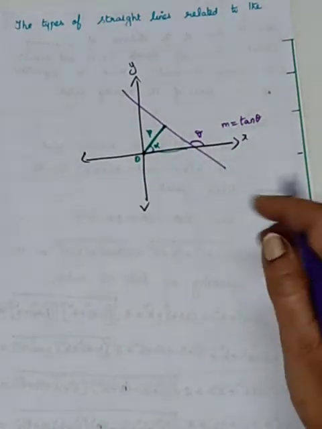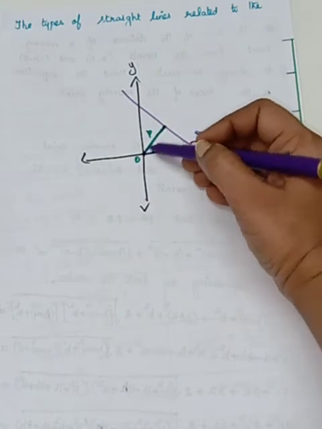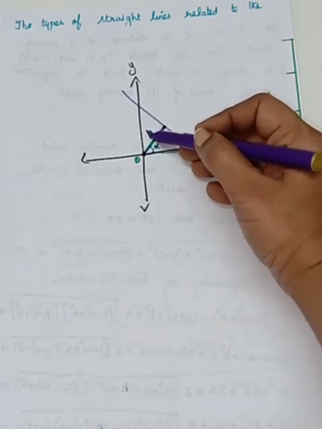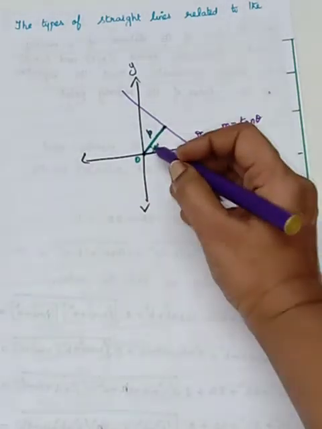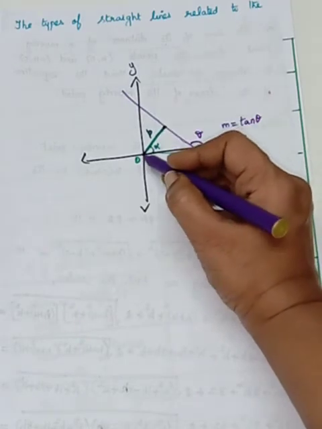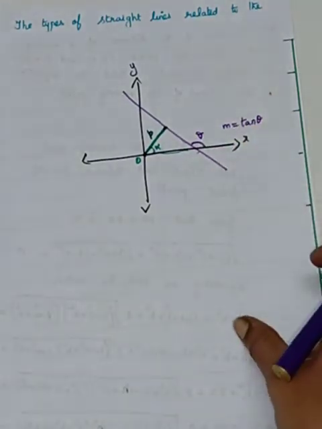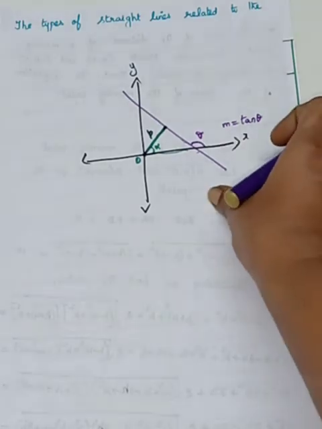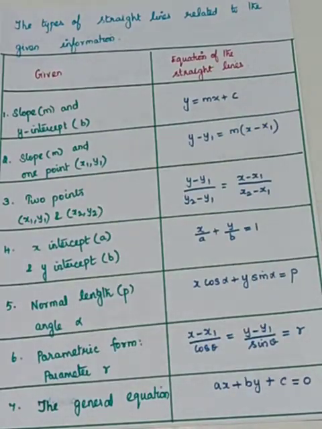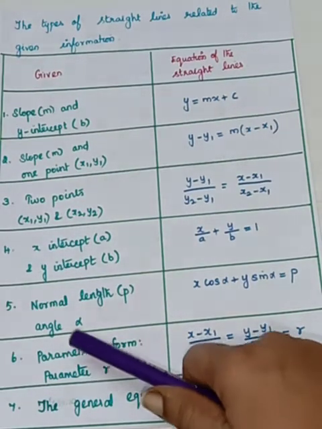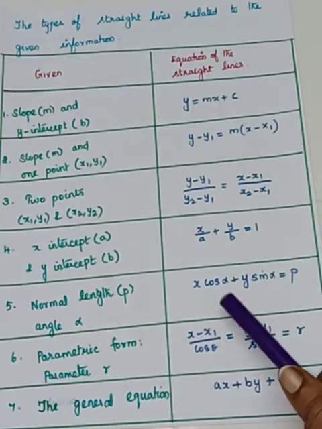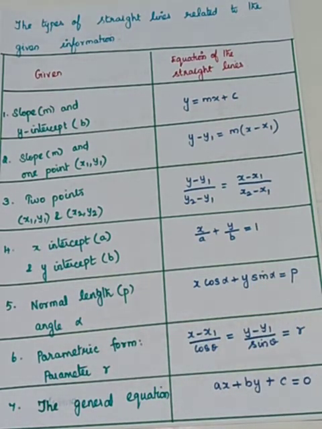This is the normal length, denoted by the letter p, and alpha is the angle made by the normal with the x-axis. So if the normal length p and the angle alpha are given, the equation of the straight line is x cos alpha plus y sin alpha is equal to p. In the parametric form, a parameter is given. What is the parameter? r.